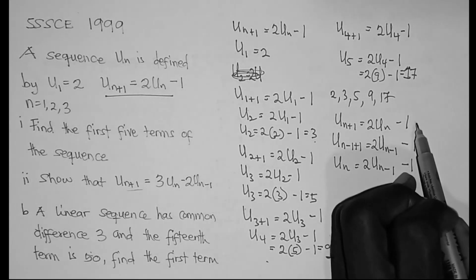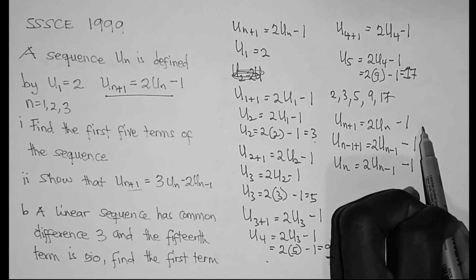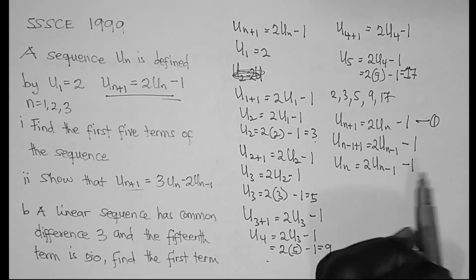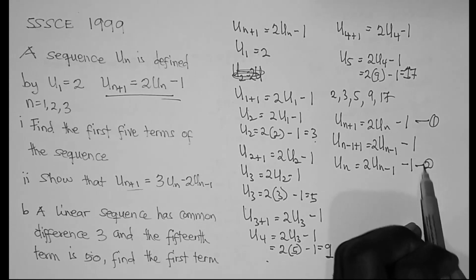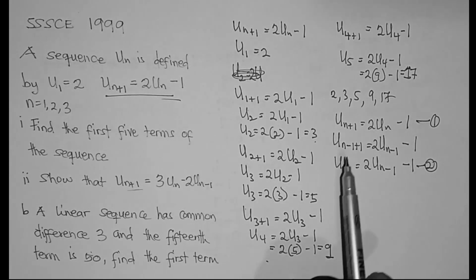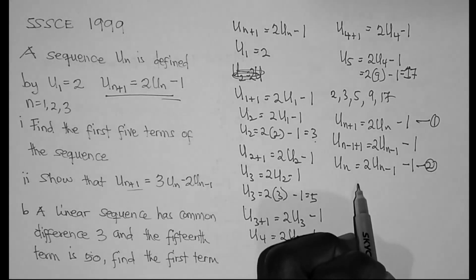So let's label the equation that we're given in the original question as equation 1 and label what we got here as equation 2. So let's subtract equation 2 from equation 1.